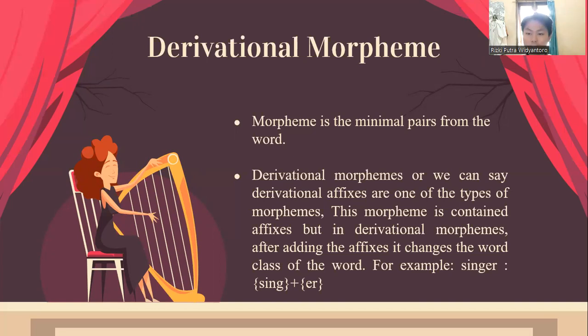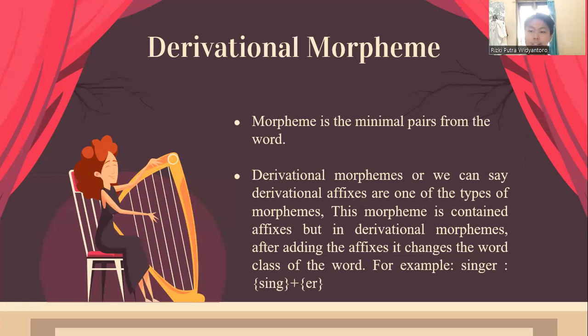Next is derivational morphemes. Derivational morphemes, or we can say derivational affixes, are one of the types of morphemes, because in morphemes there are two: derivational morphemes and inflectional morphemes. These morphemes contain affixes, but in derivational morphemes, after adding the affixes, it changes the word class of the word.